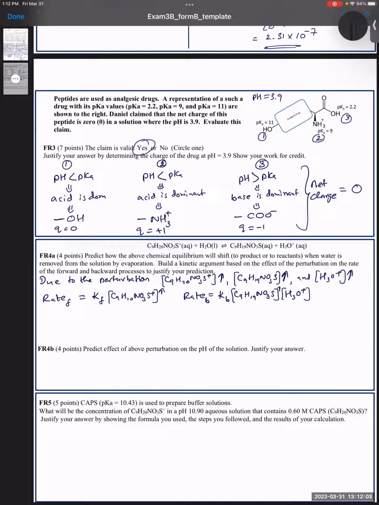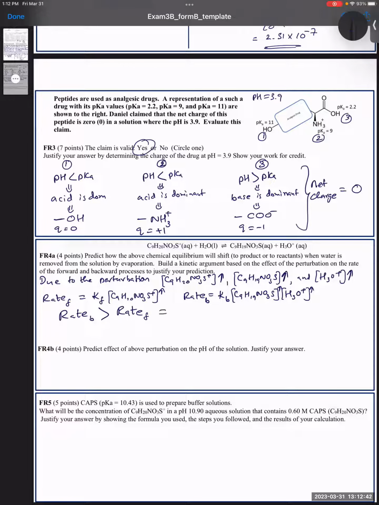So both forward and reverse rates are going to increase, but because you have two things increasing in the reverse rate, the increase of the reverse rate is going to be greater than the increase of the forward rate. So as a result, the rate reverse is going to be greater than the rate forward.